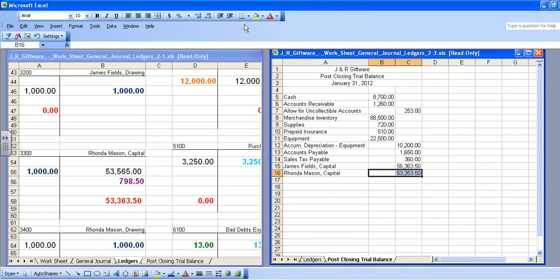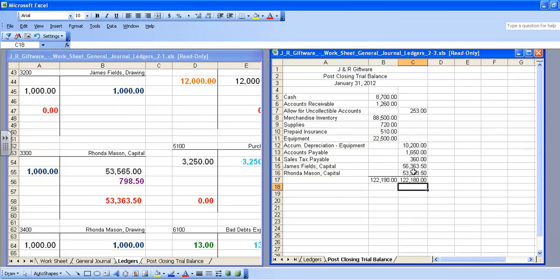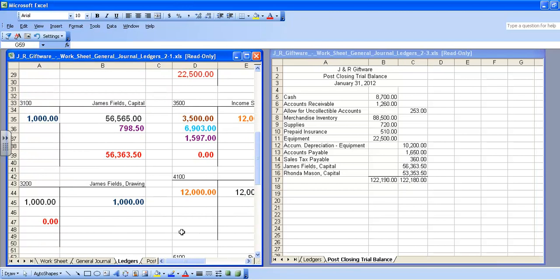And then we're going to add up our columns and they should equal. And they don't because I've typed something in incorrectly.